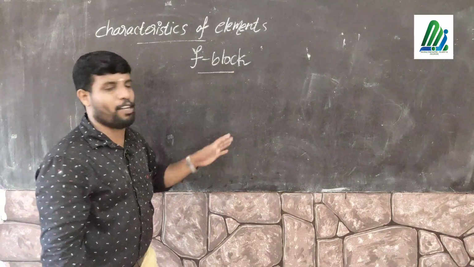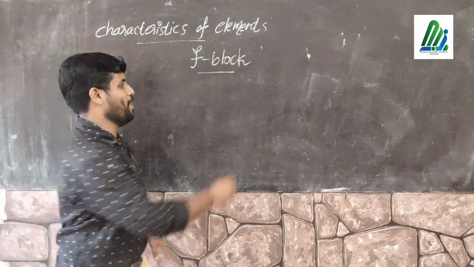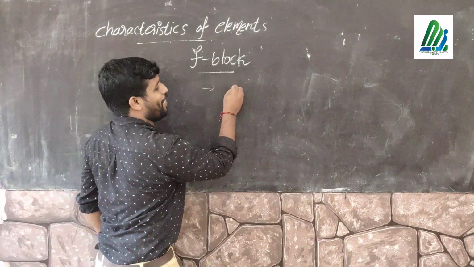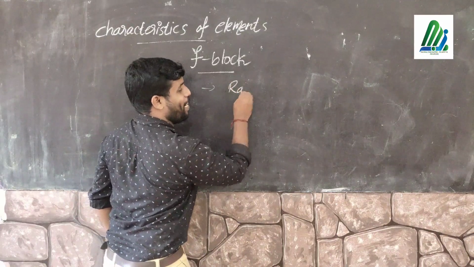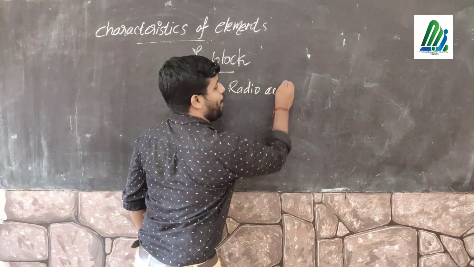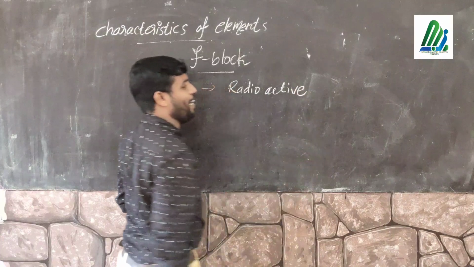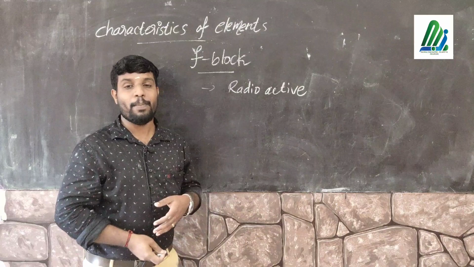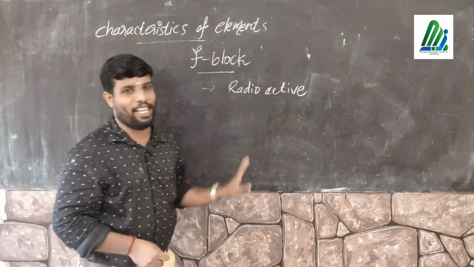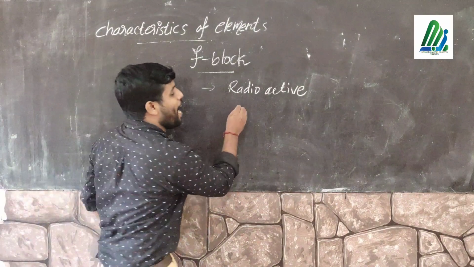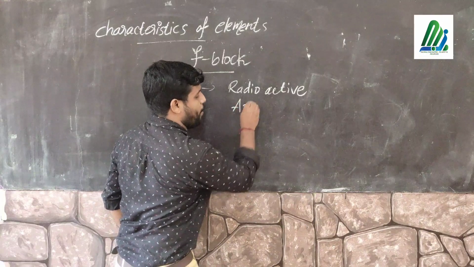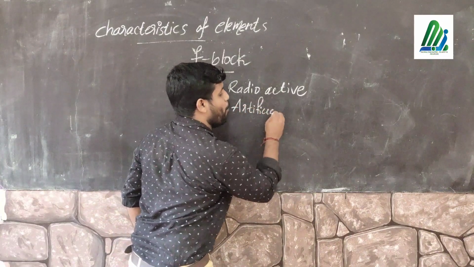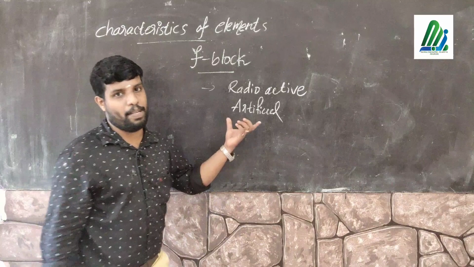Among the general properties of F block elements, actinoids are generally radioactive in nature. They are able to liberate radiation. Then they are artificial elements. Artificial means they are man-made elements.